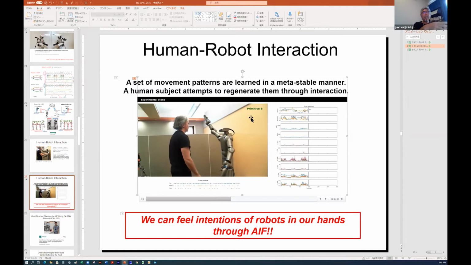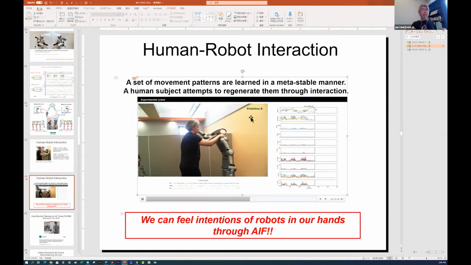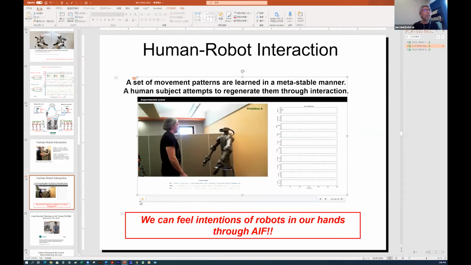But sometimes the prior's precision is low, sigma is high, then it's weak, so we can push it to what we want. It's a physical-level interaction, and that is possible. So it's kind of elasticity in the physics as well as in the brain of the robot. So that's the kind of thing we are doing.